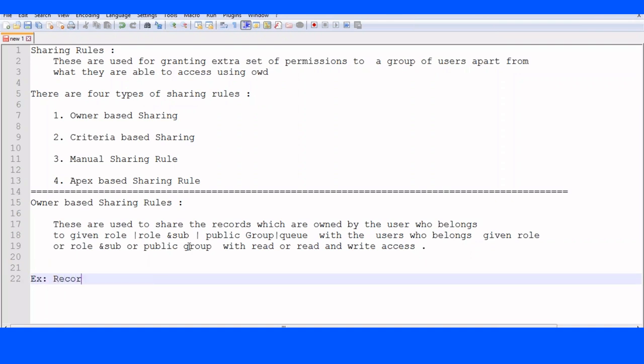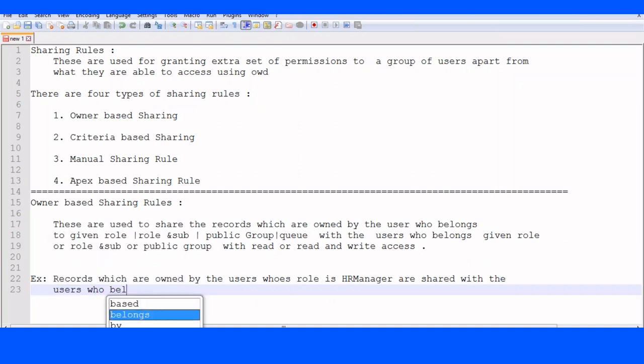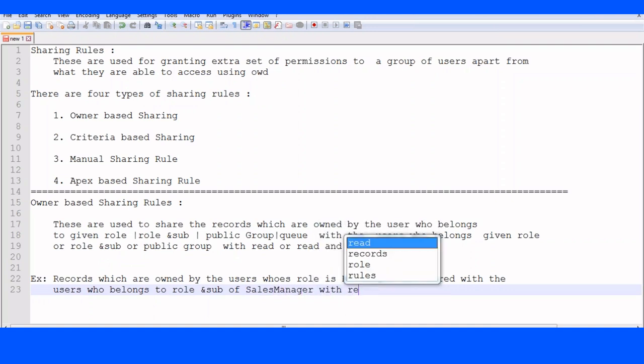Example: records which are owned by the users whose role is HR manager are shared with the users who belong to the role and subordinates of sales manager with the read access.